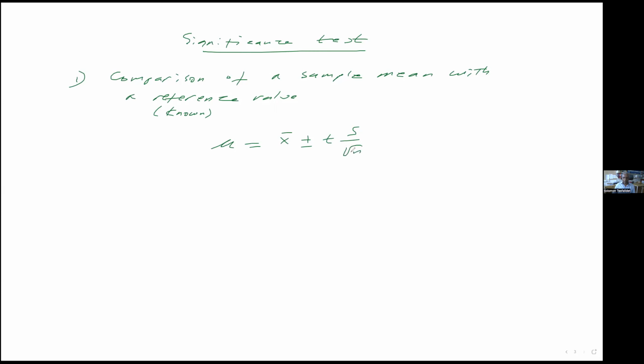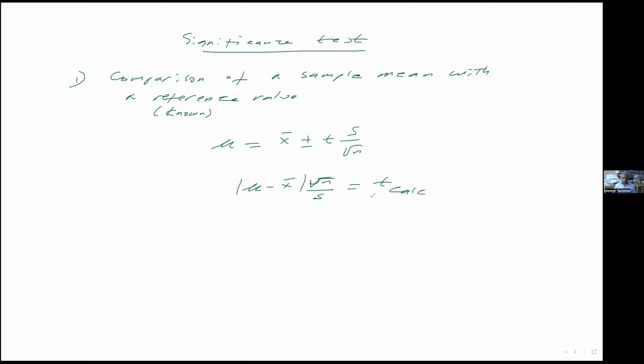So here we use the interpretation for the confidence interval, where S is standard deviation, n is the number of measurements, t is the student's t distribution, x-bar is the average, and mu is the true value. So we can rewrite this like this: t calculated.